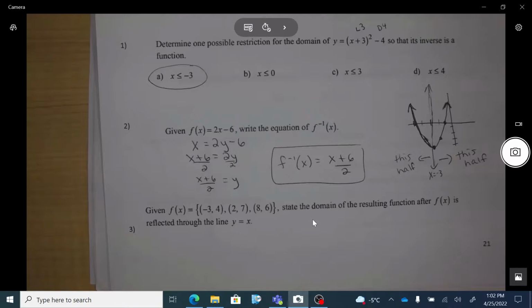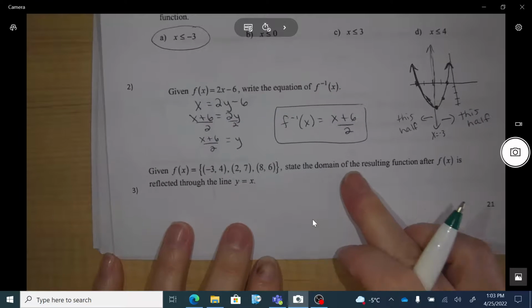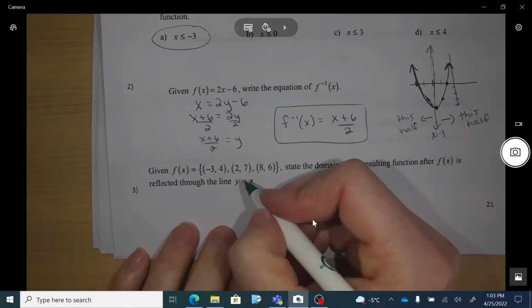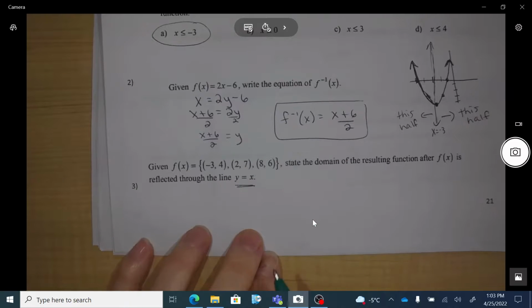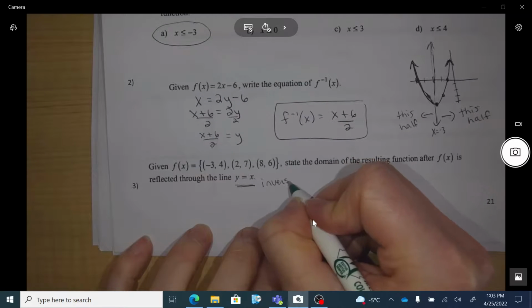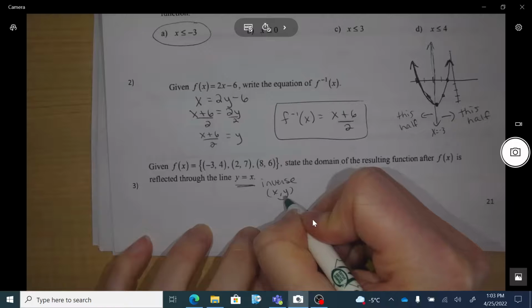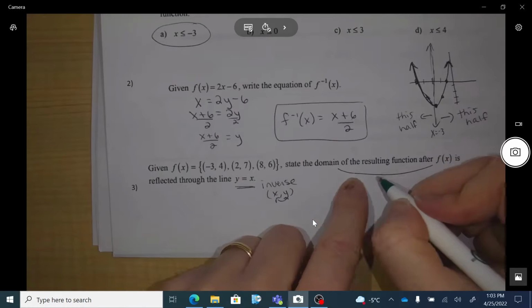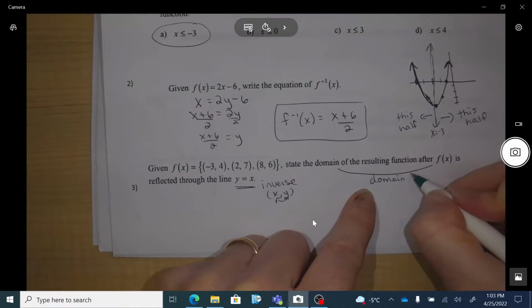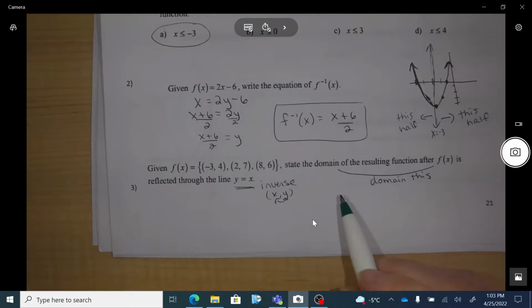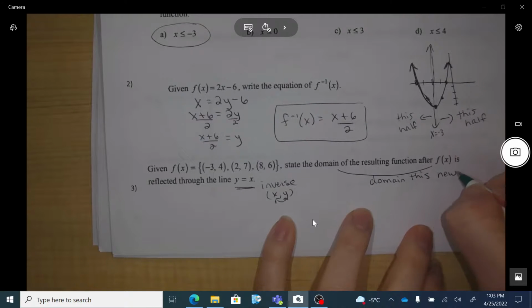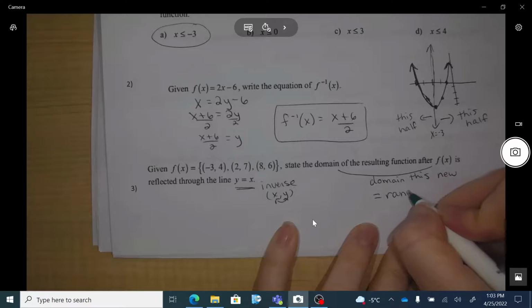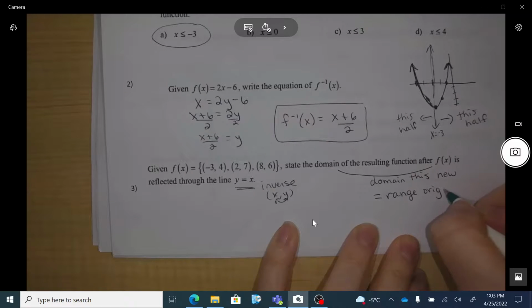Okay, number 3. So given these, state the domain of the resulting function after it's reflected over y equals x. So that means the inverse. So that means my x and my y's would get switched. So the domain of this new would equal the range of the original.